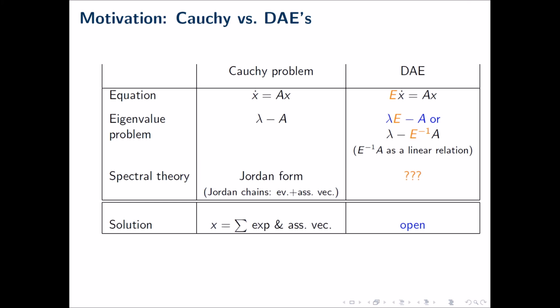I didn't put it here. You know it, everybody has to know it: exponential and eigenvectors, and so on and so on. The standard formula for the solution of the Cauchy problem when A is a matrix. And the solution is built out of eigenvectors and the associated vectors.